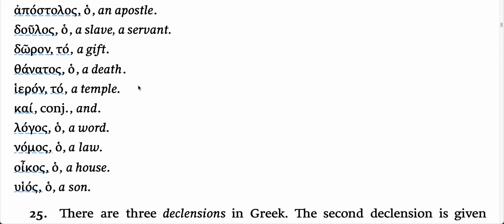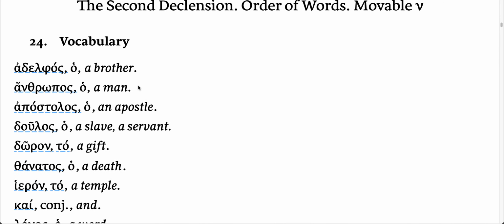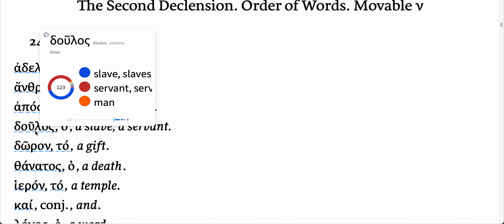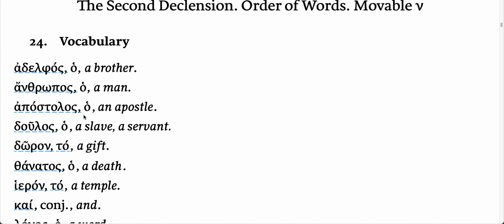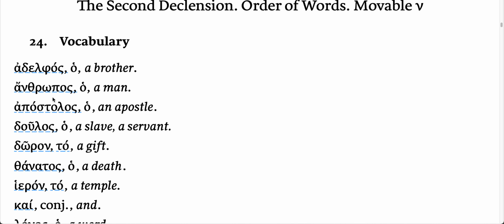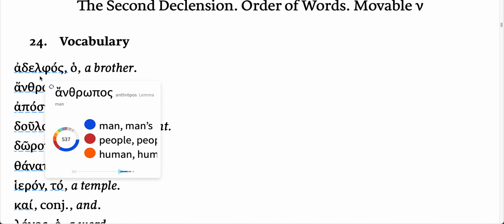And how do I know? I know which gender they are by the article that's attached to them in the vocabulary listing. Okay? So I have to memorize all of this. When I am learning my vocabulary, I need to learn adelphos, ho, anthropos, ho, apostolos, ho, doulos, ho.